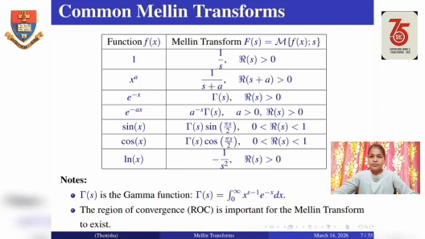If the function f of x equal to cos x, then the Mellin transform F of s equal to gamma of s cos pi s by 2 for 0 less than real part of s less than 1. If the function f of x equal to ln x, then the Mellin transform F of s equal to minus 1 by s square for real part of s greater than 0.